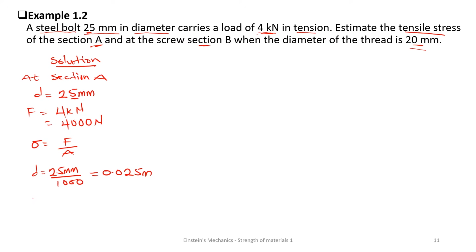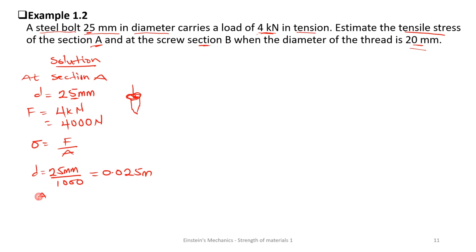And the area, remember, a steel bolt, we are assuming the bolt was in a circular portion. You understand? So the force was acting at the circular portion of the bolt. However the bolt was, it was in a circular portion. So let's assume the top at section A was a circle.